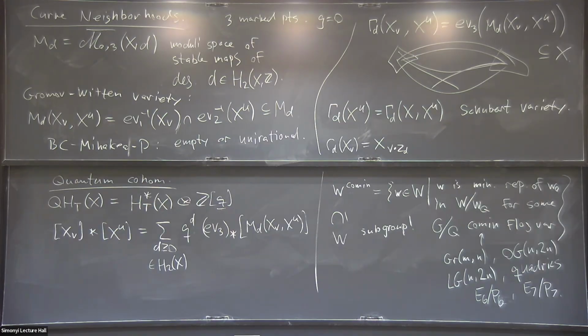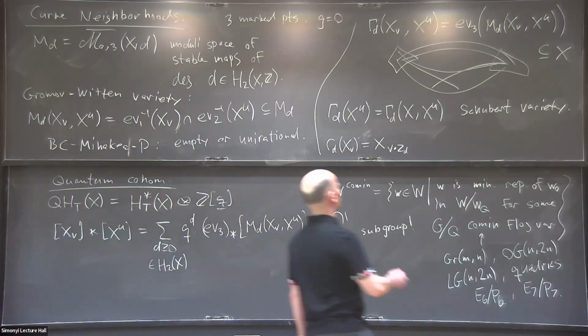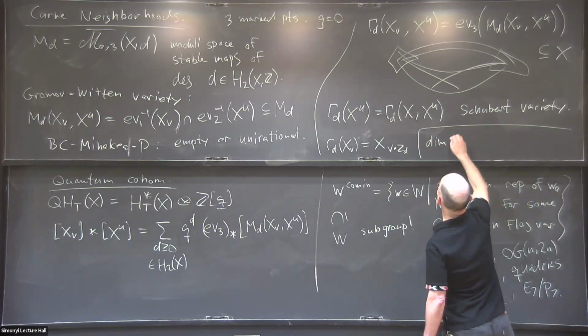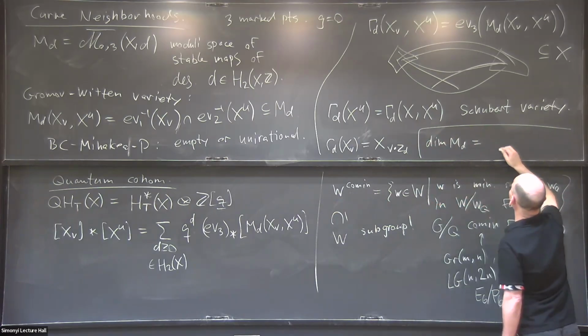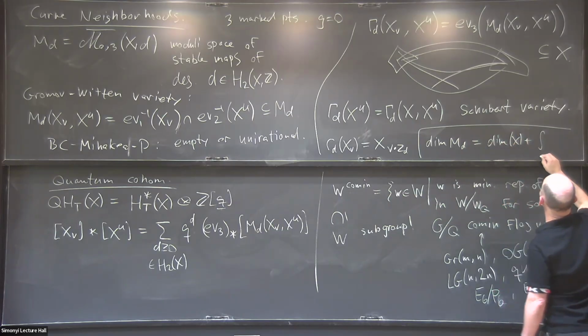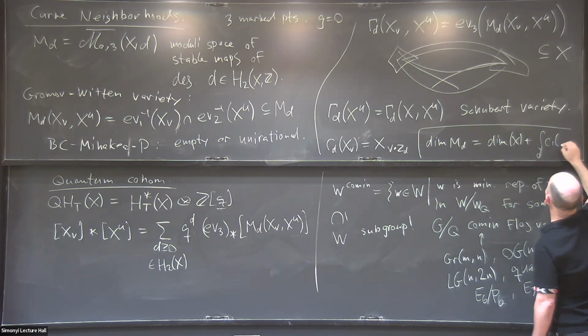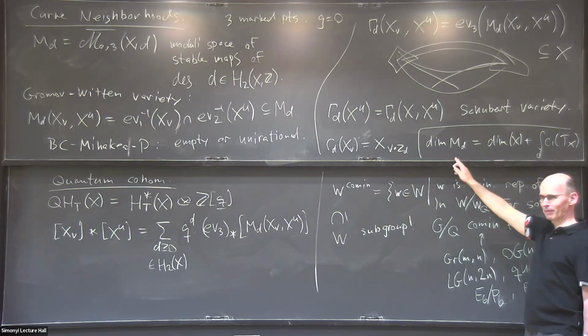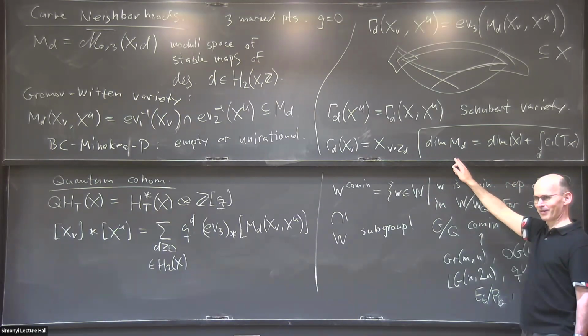So the dimension of this moduli space is equal to the dimension of X plus the integral over the degree d of the first Chern class of the tangent bundle. And for flag varieties, this thing is always positive. So when you increase the degree, the dimension of the moduli space goes up.